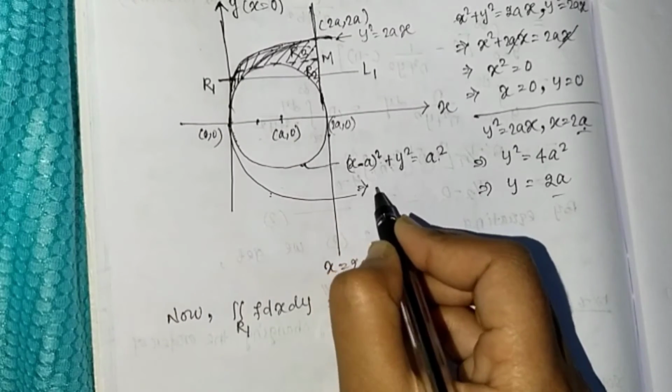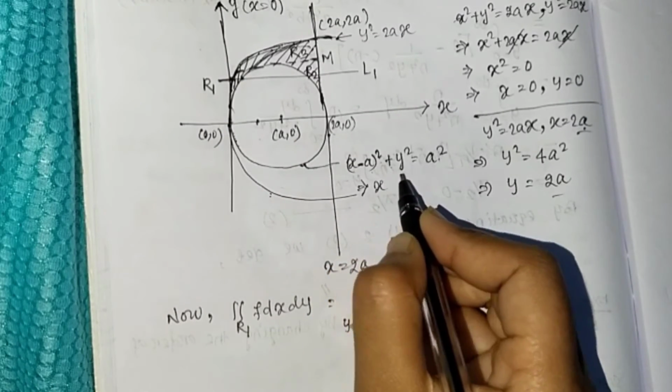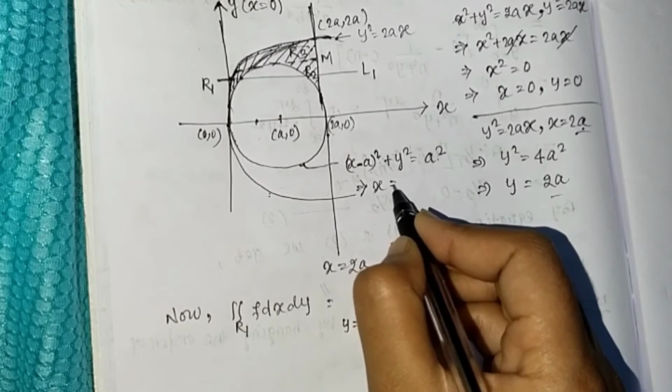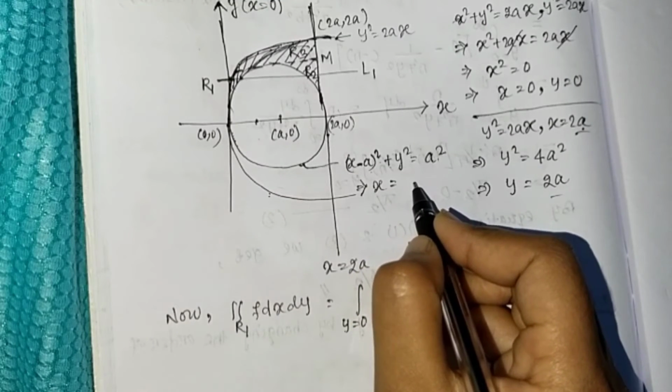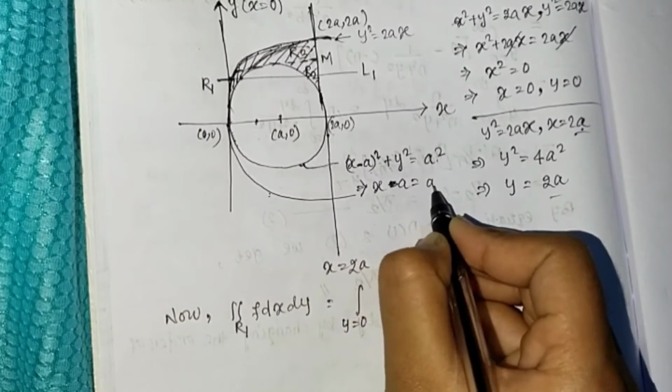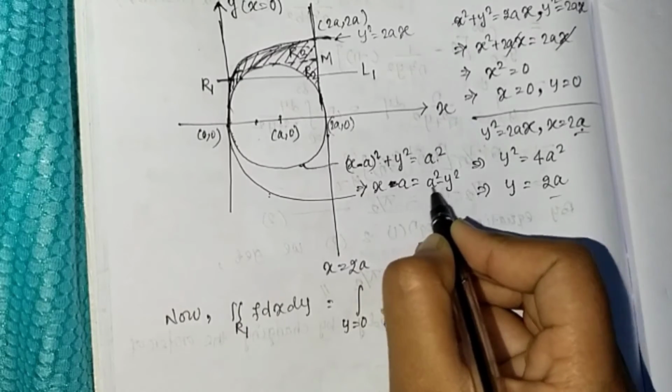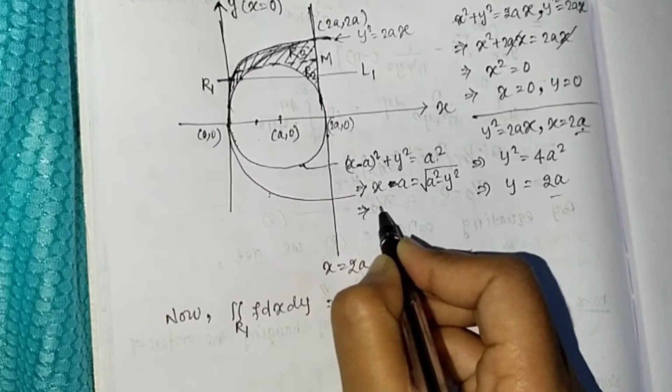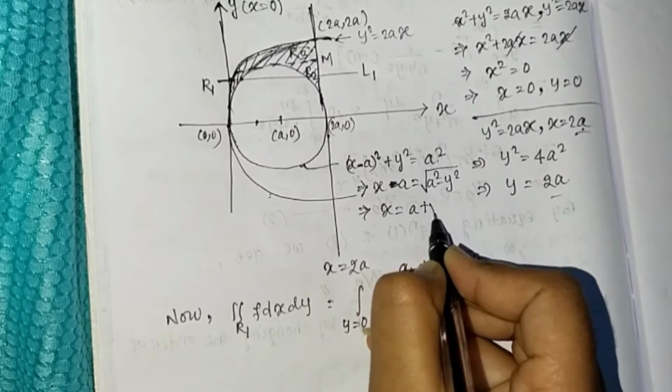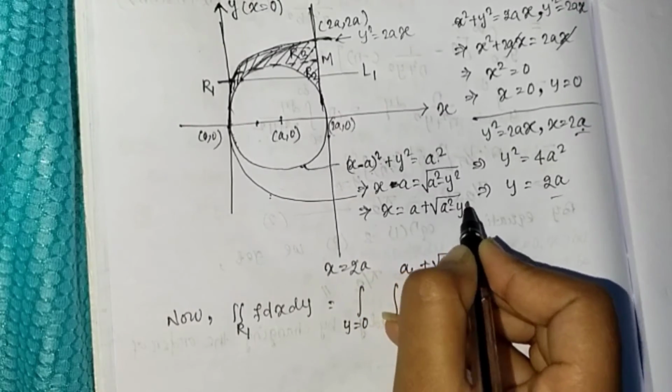Here we get the x limit: (x minus a) square equals a square minus y square, which implies x equals a plus root of a square minus y square.